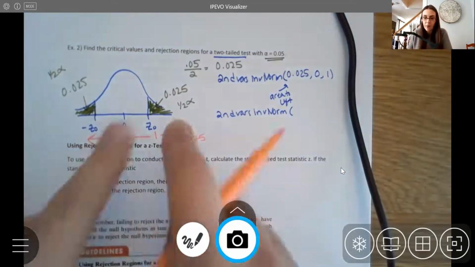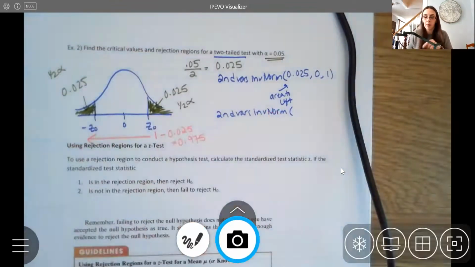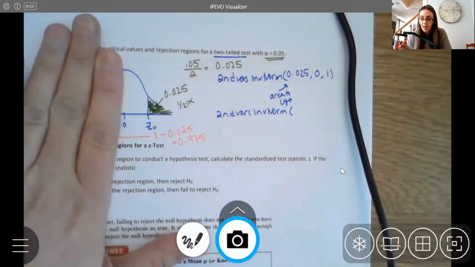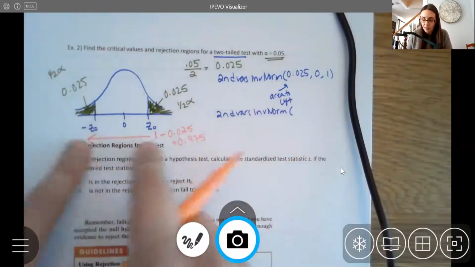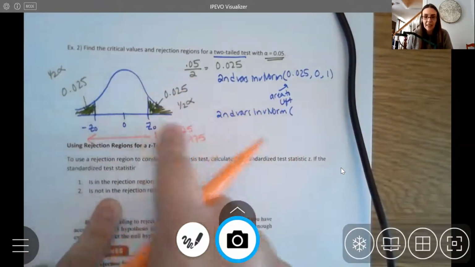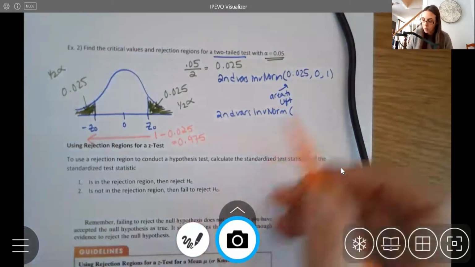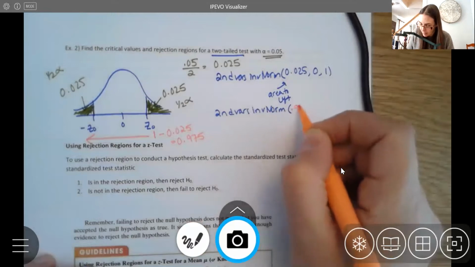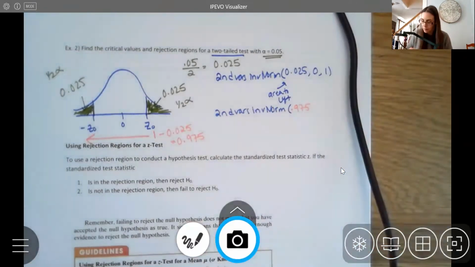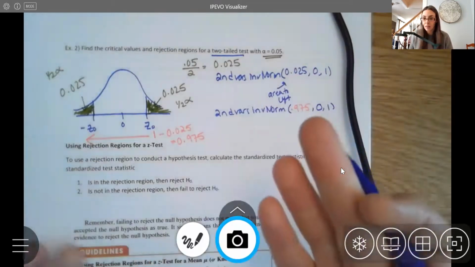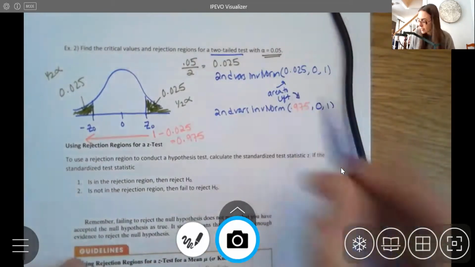So if you have something on the right tail, whether it's part of a two-tail test or just a right-tail test, then when you enter your area to the left, you're really taking 1 minus that right tail, because that will give you the whole area to the left of it. So for this one, we're going to put in 0.975, and again, 0 and 1. And I should see the same values here, just one positive and one negative.